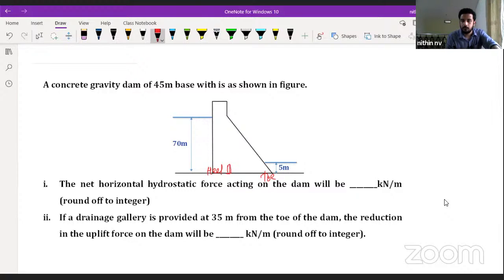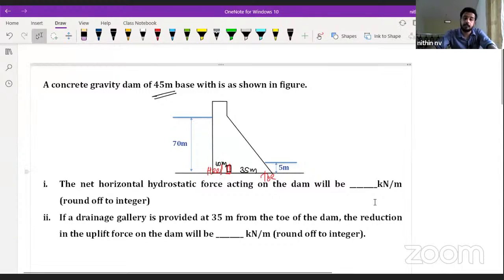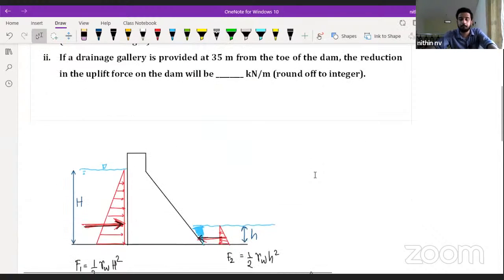What is the total width? They have given that the total width is 45. So one drainage gallery we are giving here. This is 35 meter, then on the left hand side, this is 10 meter. So if you are giving it like this, what is the reduction in the uplift force on the dam?